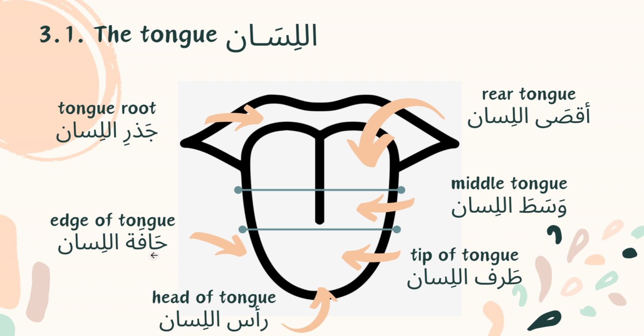This is hafat al-lisan. Hafat al-lisan, the edge of the tongue. So the tongue has 2 edges, left edge and right edge. Okay, so this is the tongue and its different parts.